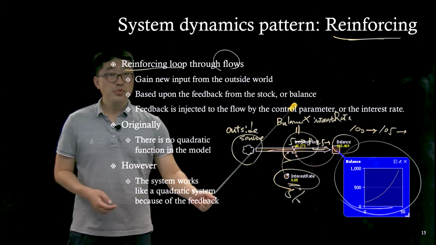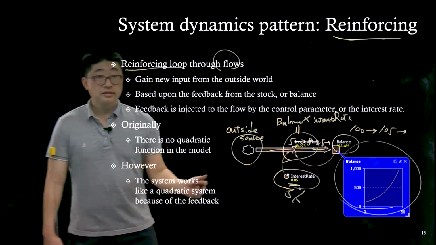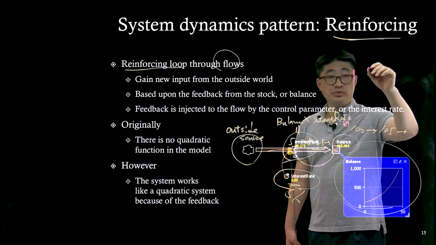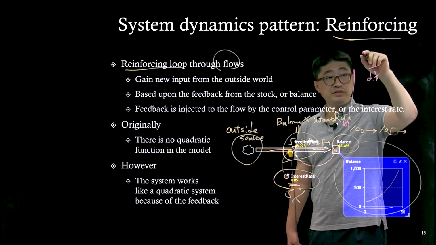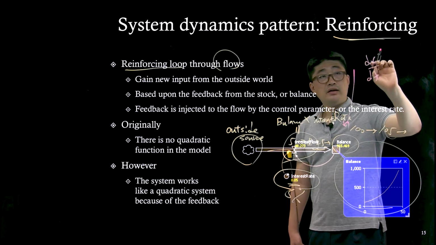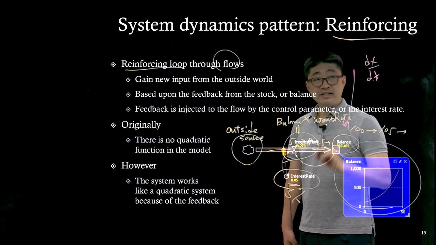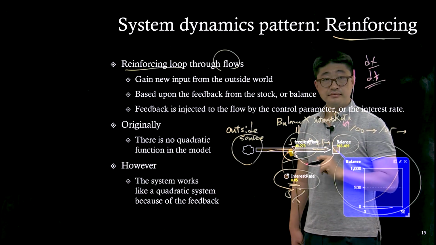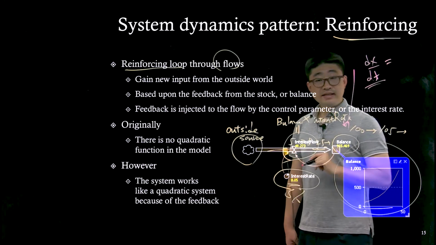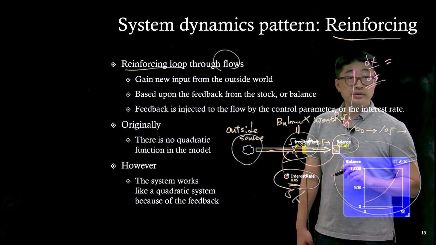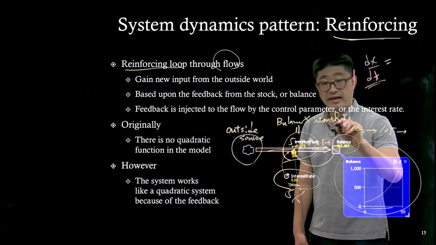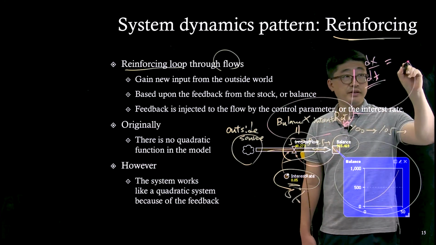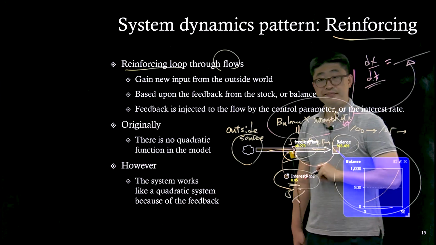Because of how this balance is modeled, it is specified by dx over dt. Okay? And dx over dt is modeled by a single flow, and that part is modeled here, and this will be brought into here.